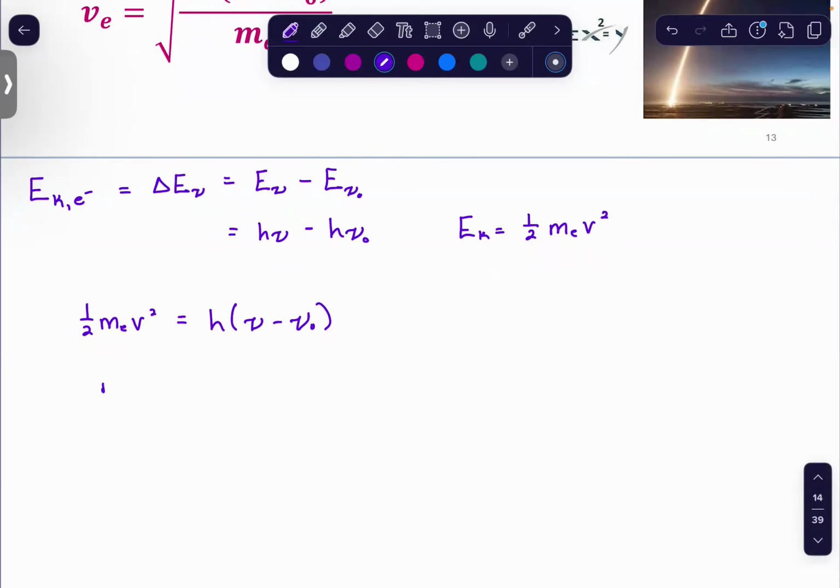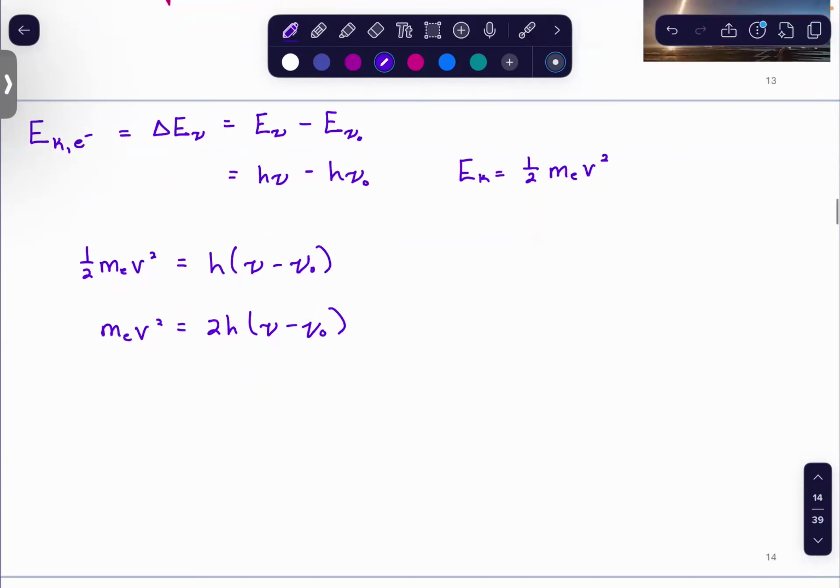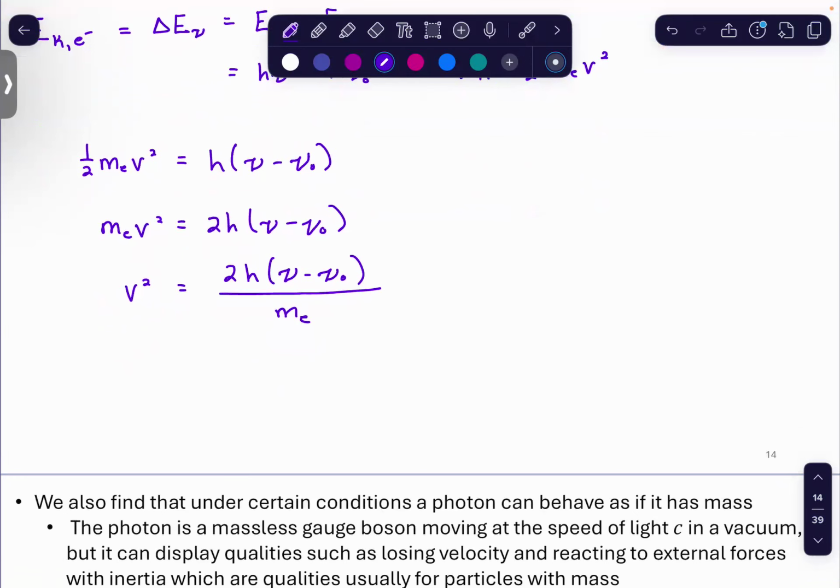Well, mass of your electron times v squared, multiply through by 2, is going to give you 2h times nu minus nu zero. Okay, now v squared equals 2h times nu minus nu zero over the mass of your electron, and then you have to take the square root of both sides.